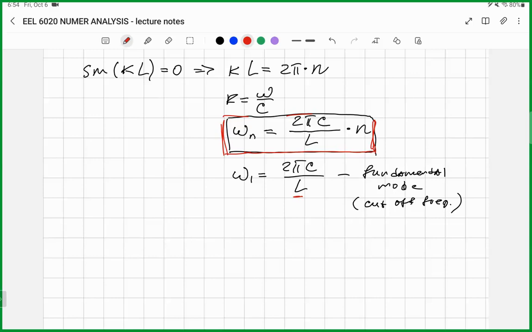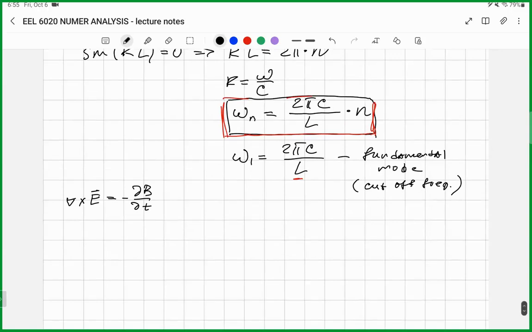But what is the magnetic field? Magnetic field is yet to be derived from Maxwell equations. So we use the curl of the electric field, which is minus dB over dt. Again, I remind you of the procedure of writing down this curl.